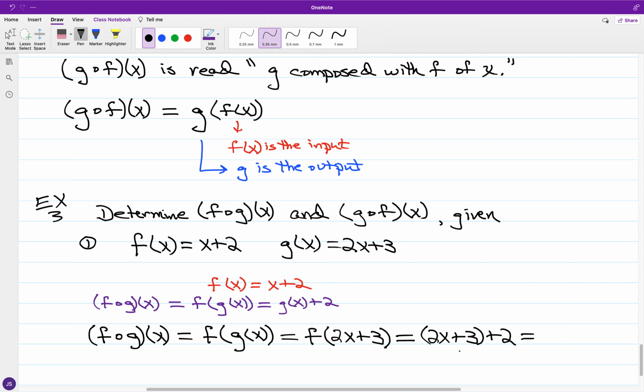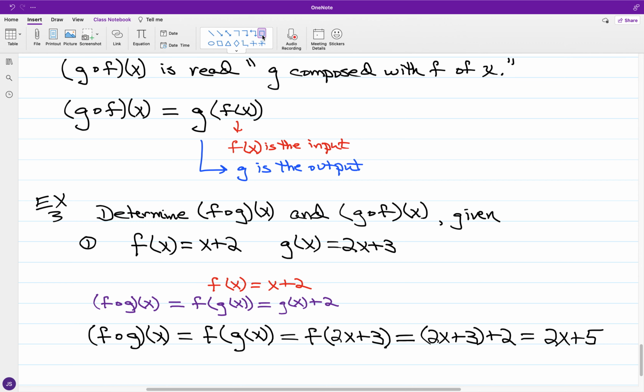And there'll be no sign changes. So once I take out the parentheses, I got 2x plus 3 plus 2, and this will come out to 2x plus 5.